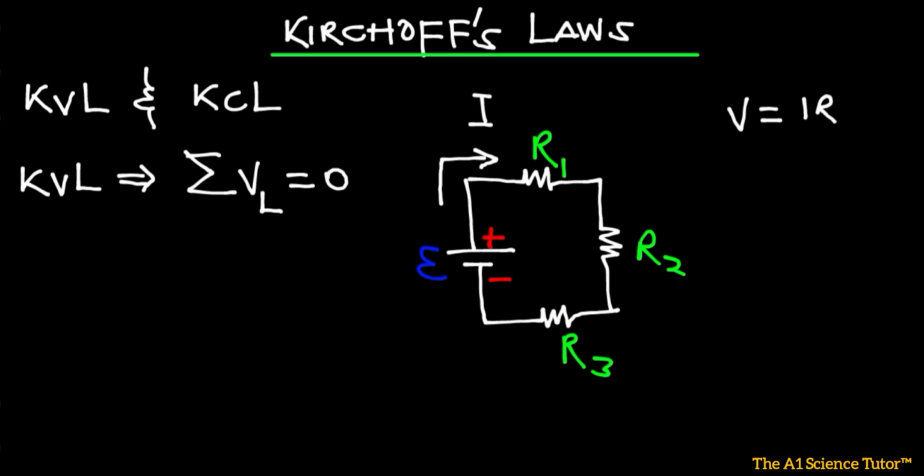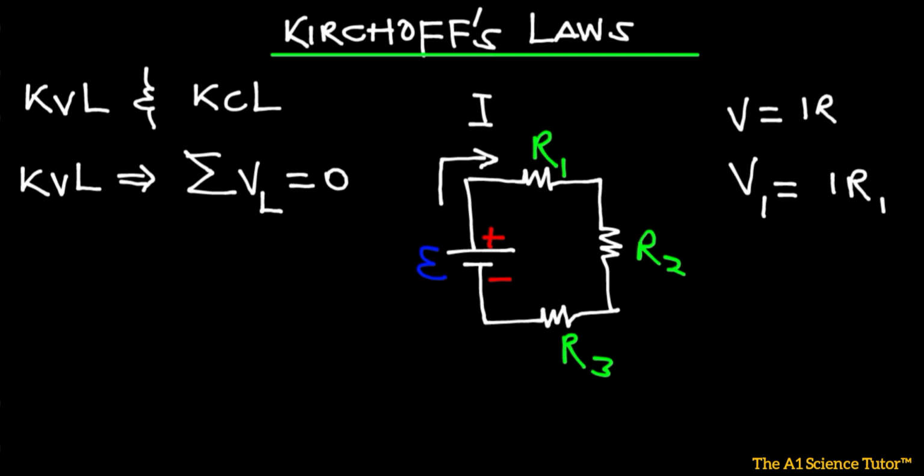The current multiplied by the resistance gives you the potential difference or the voltage. So if we have this current multiplied by the first resistor, we have a voltage across this resistor. Let us call that voltage V1, so that will be I multiplied by R1.